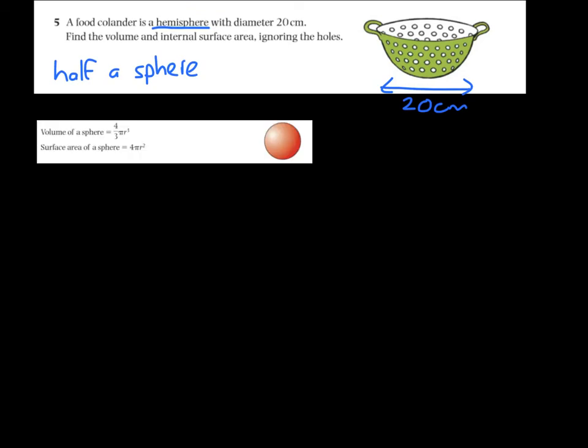So look at our formulas for the volume of a sphere and the surface area of a sphere. Like in the exam, this would be the point where you flick to the front formula sheet and look up these formulas. So your radius is going to be 10. We start by working out the volume of the sphere.